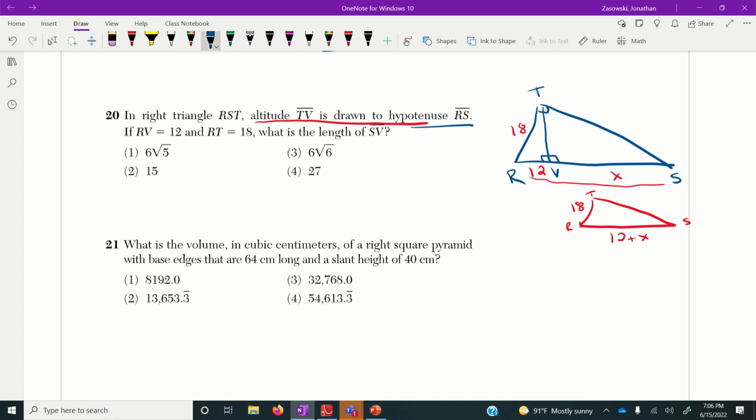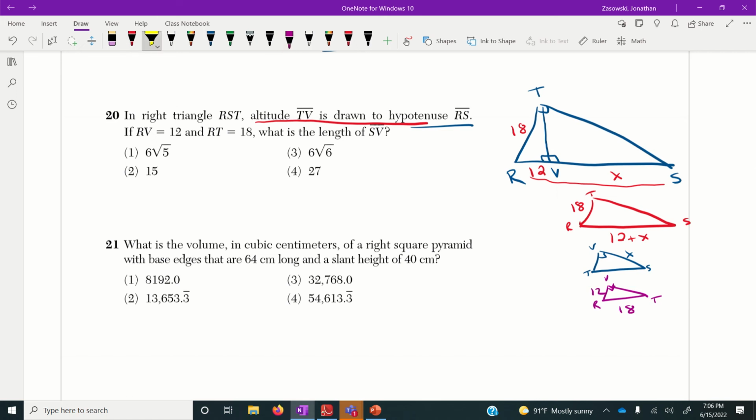In the medium triangle here on the left, we have our right angle at V, short leg at T, long leg at X, S, and this is VS. That doesn't match with anything over here, so that's out. Then we have our small triangle, still with a right angle at V. We have the short leg at R and then at T, and here we have RV, which is 12, and then the hypotenuse is 18.